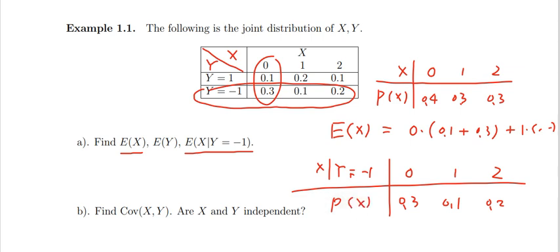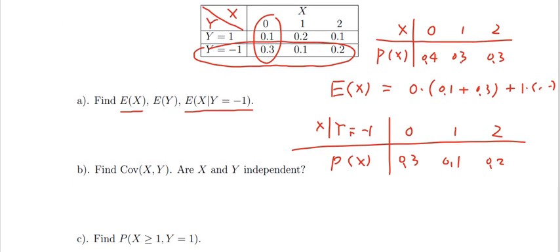But this is not a distribution. For a distribution, we have a requirement: all probabilities together should be 1. Here, 0.3 plus 0.1 plus 0.2, added up, does not equal 1. So we want to make it 1.